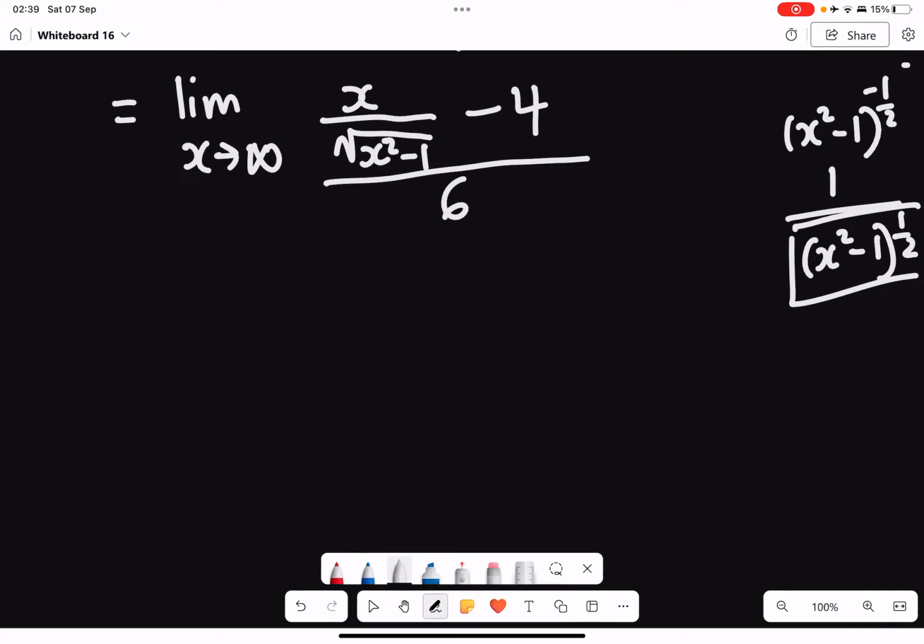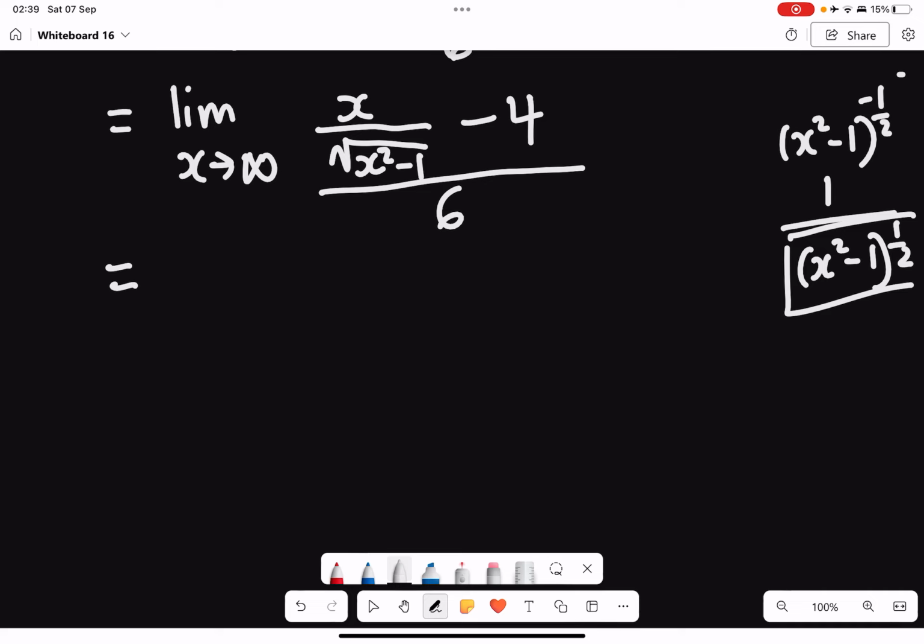Now, because at the bottom we do not have a variable, we cannot differentiate further, because we're going to end up with a zero denominator, which is not going to be possible. So here it means I can substitute my infinity. Here we need to be smart.